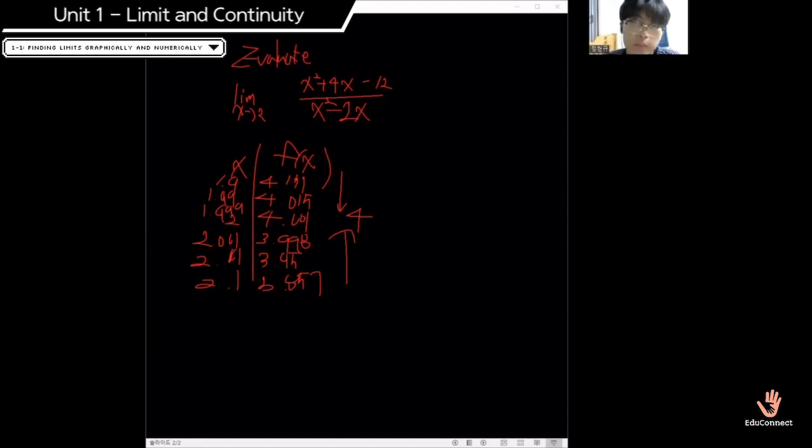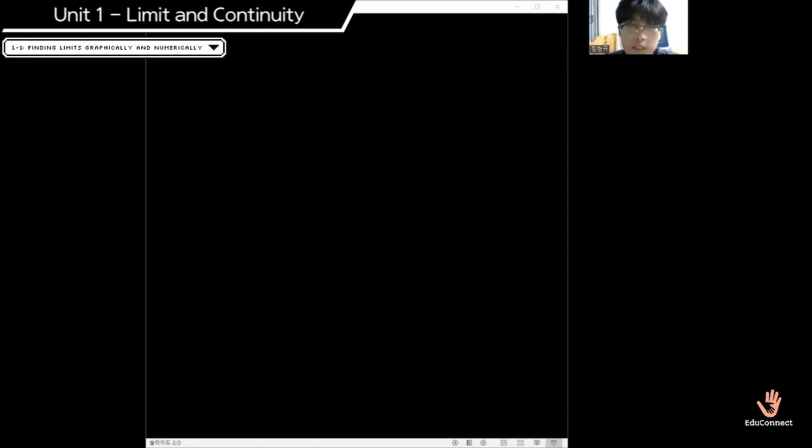Now, there are certain instances when a limit does not exist. Here is our first example. We want to see what is the limit of this function as x approaches 2.